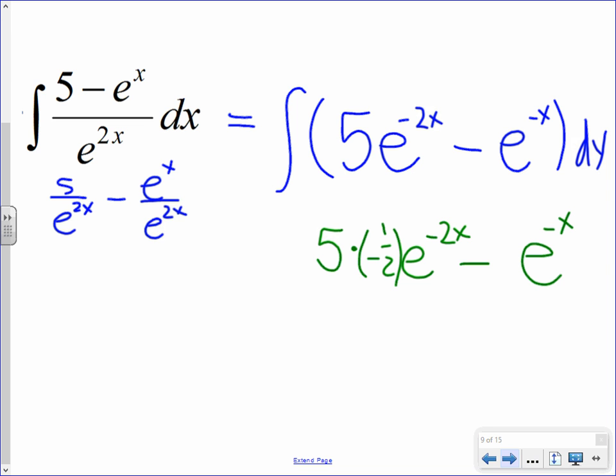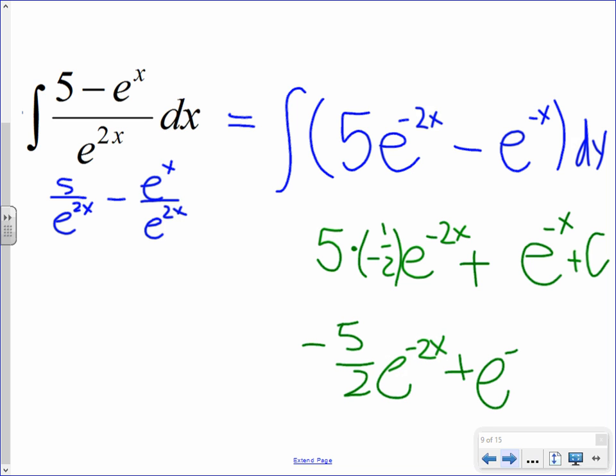And then what would we have to do there? We would have to multiply by that negative inside, so it would become plus e to the negative x. So our final answer, I would want to see negative 5/2 e to the negative 2x plus e to the negative x plus c.